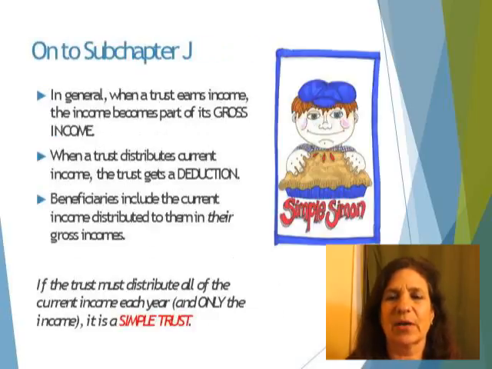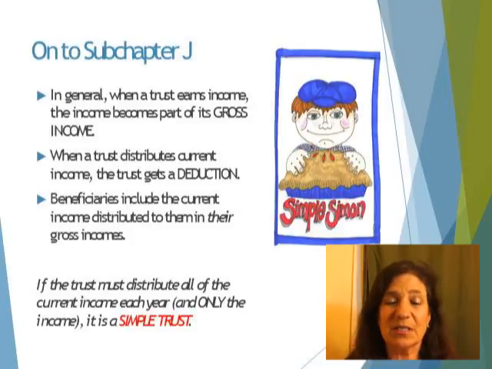Okay, so now we're going to shift gears and look at the income taxation of trusts. And these rules are found in subchapter J. We're just going to scratch the surface and look at some basics. General rule, when a trust earns income, the income is gross income just like for anybody else.